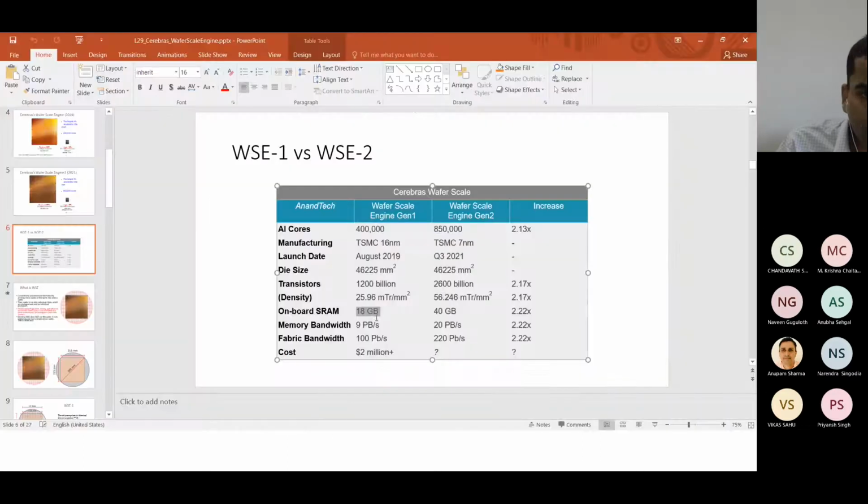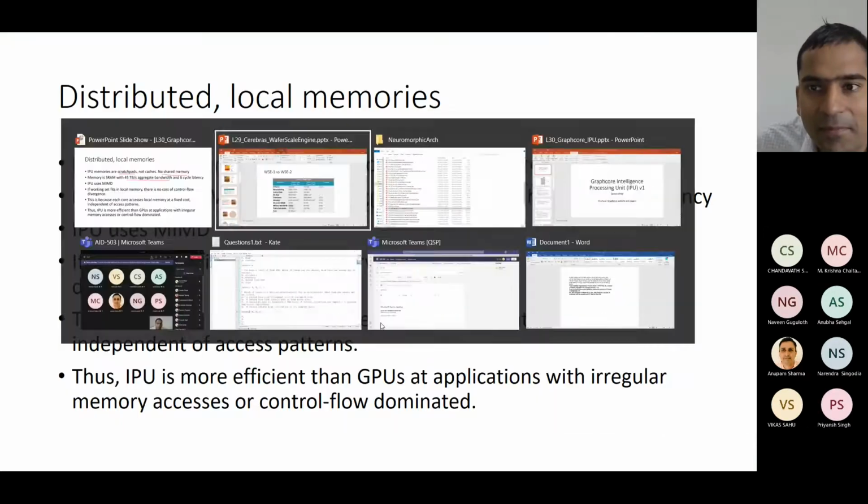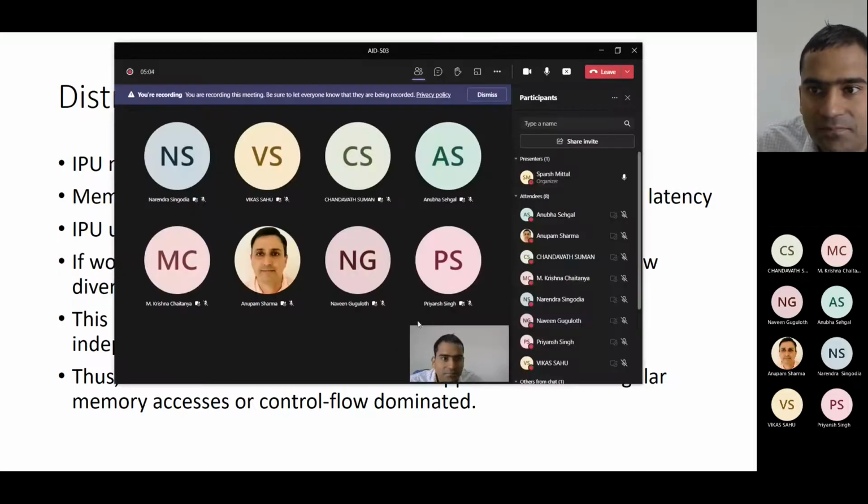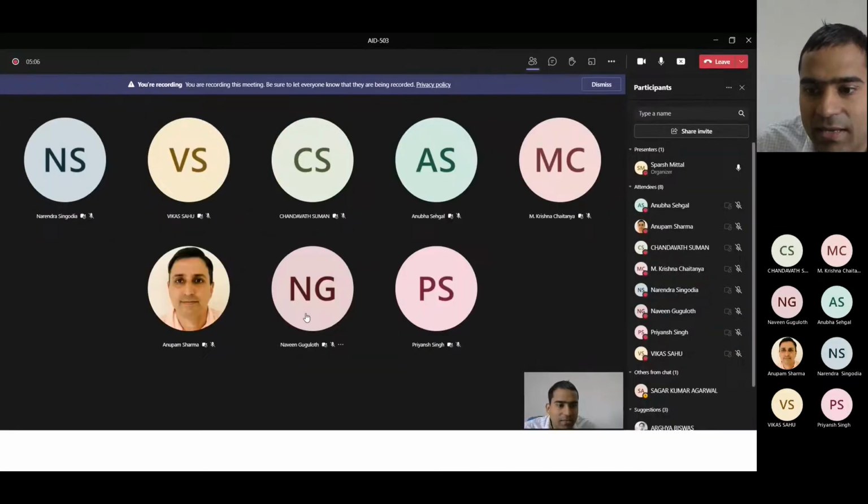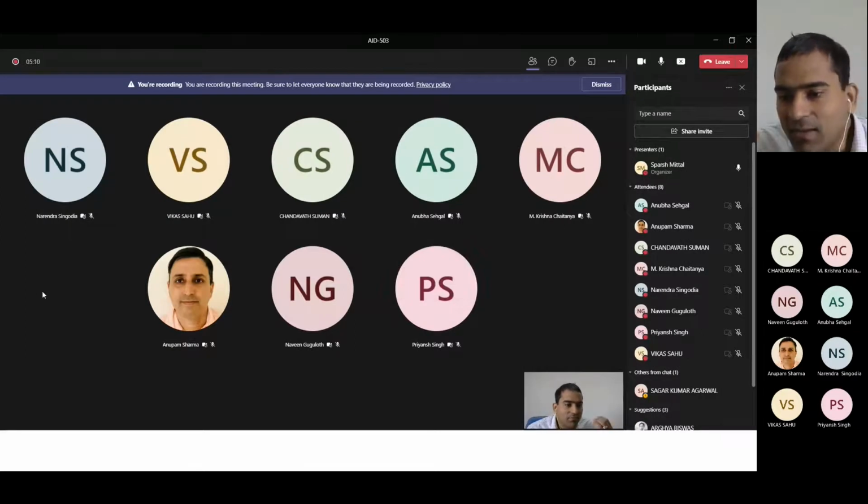And here, memory bandwidth is 9 petabytes. So which value is higher? Which one has more bandwidth, Cerebras or IPU?